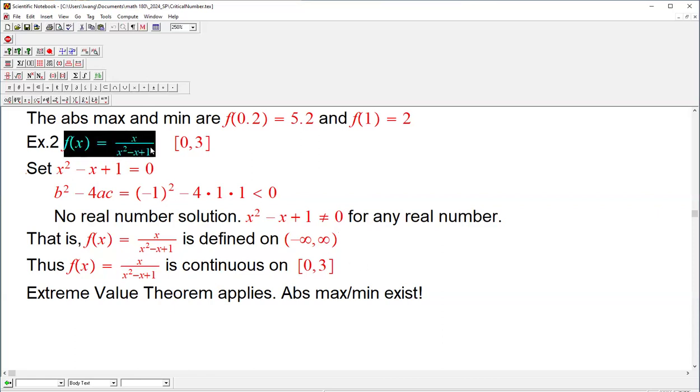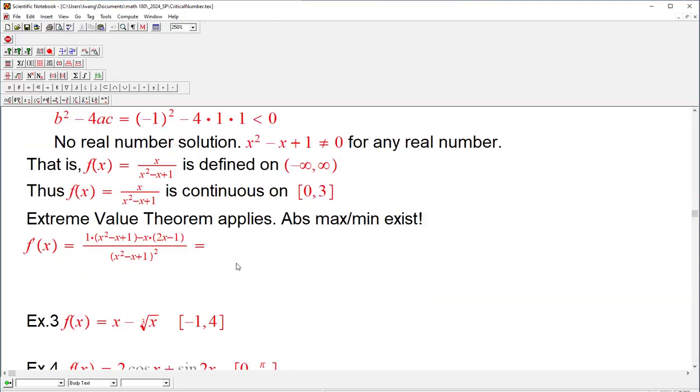How do we find it? Of course, we're going to find the derivative, right? The derivative is going to be applying the quotient rule. Okay, so derivative of x equals 1 and multiply the denominator, subtracting x multiply the derivative of the denominator, which is going to be 2x minus 1. Simplify this expression.